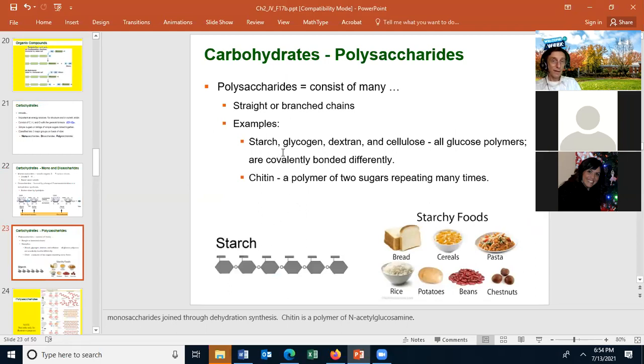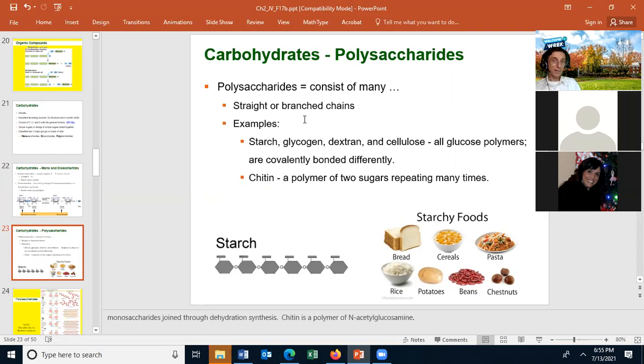The polysaccharides can be straight or branched. Starch is usually straight, a straight chain, although it can occasionally branch. It doesn't have very many branches if it does branch. And some of the starch molecules are totally straight, and all they are is glucose, one after another, hooked together. So all of these monosaccharides are hooked together to form starch.